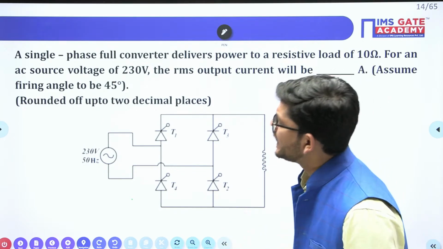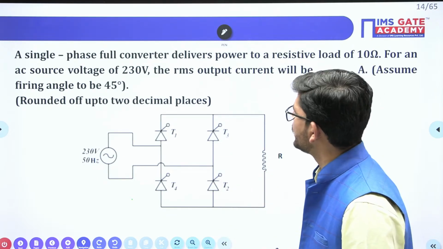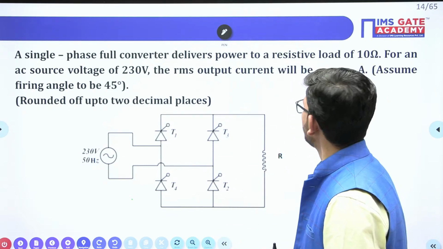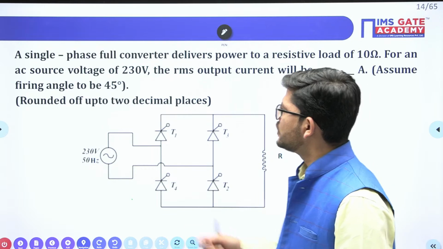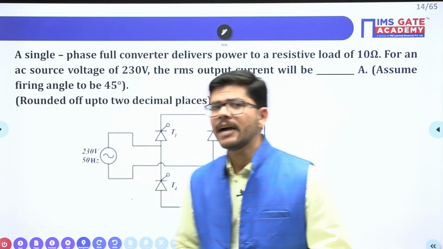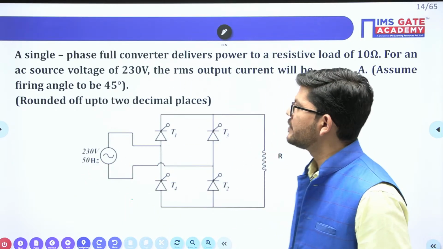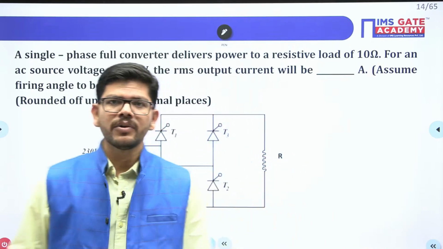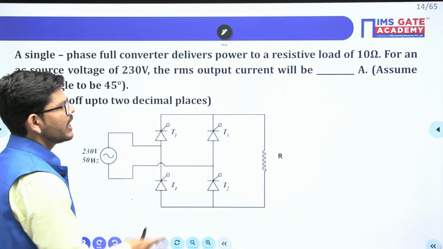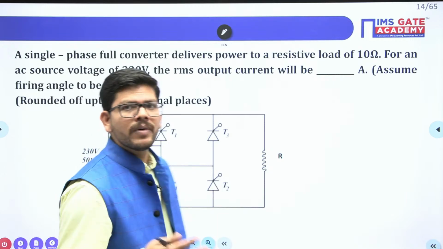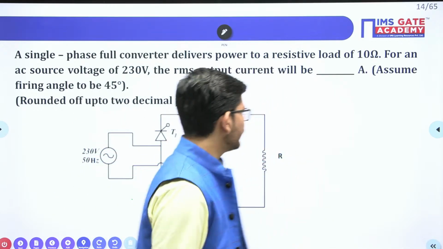Now for an AC source voltage of 230 volt, the RMS output current will be? We have to calculate the RMS value of the output current. For that we have to calculate the RMS value of the output voltage as well, isn't it?